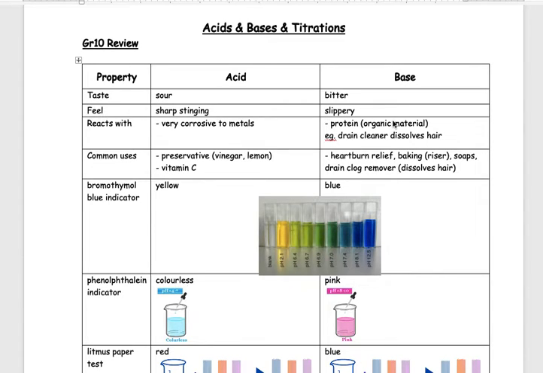From there, reactive properties. Acids react with a lot of things. A big one is that they can break apart and degrade metals. Remember in our single displacement reactions, there was an acid box, and all of those elements in the acid box could come in and displace the hydrogen.